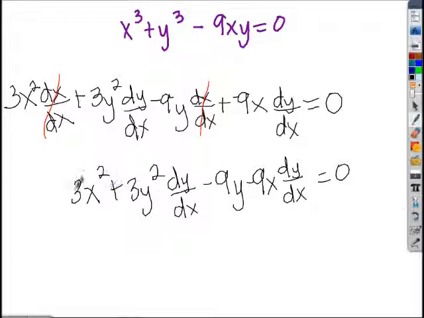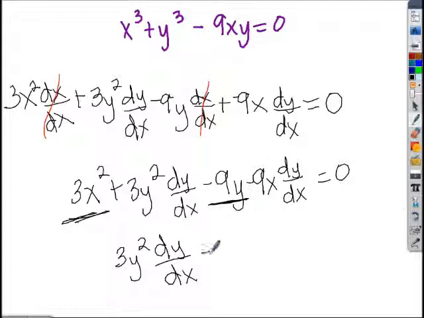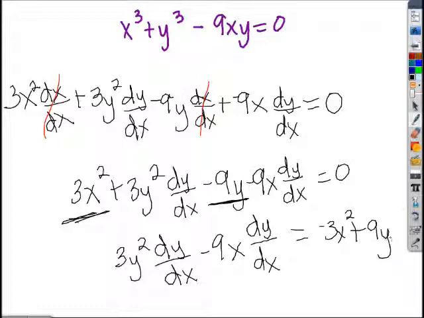So I have a 3x squared here and a negative 9y here, so I'm going to move them to the other side. And that leaves me with 3y squared times dy over dx minus 9x dy over dx equals, and then I'm going to subtract 3x squared from both sides, add 9y to both sides, and I'm left with that.